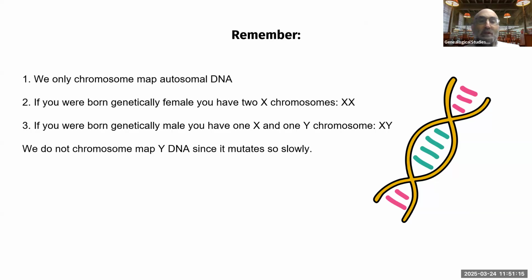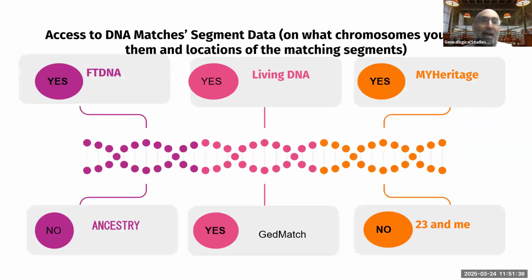And we do not chromosome map Y DNA because it mutates so slowly, you're very likely to have the same Y DNA profile as ancestors who lived hundreds of years ago. And in most cases, there are certain disorders which may have an extra chromosome, but that's outside the boundaries of this discussion this evening.